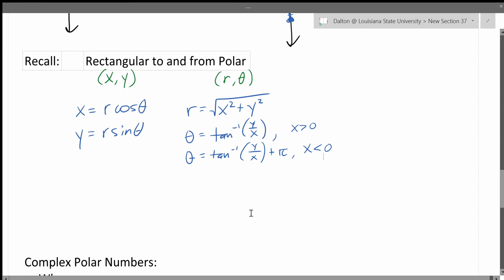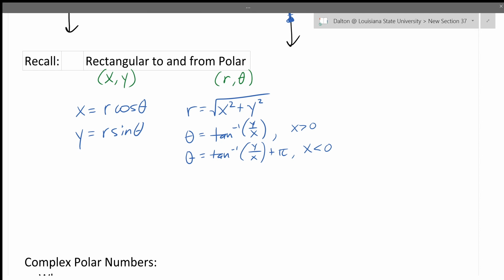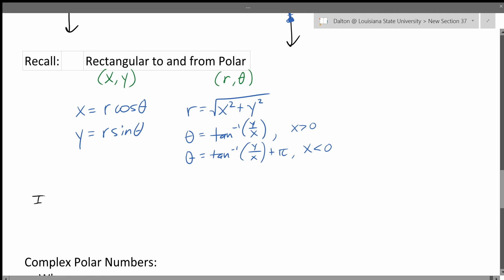Okay. If I want to do a little manipulation here, if I give you a rectangular number, a plus bi, and again, that is a number in the rectangular form, then can we substitute in, using some of these equations that we just talked about?